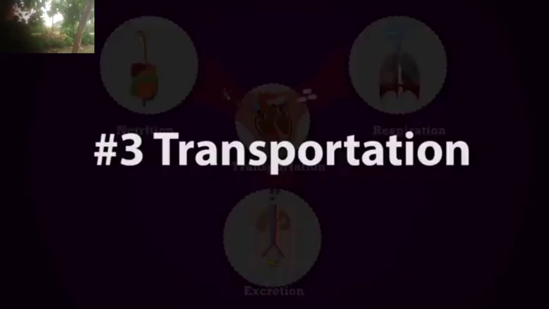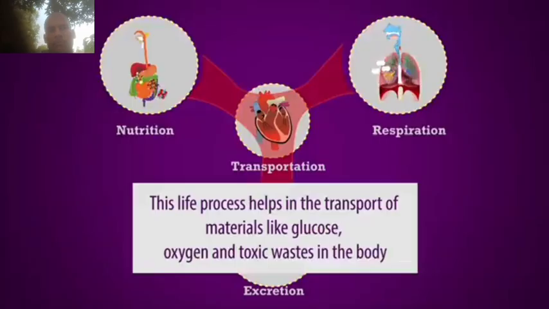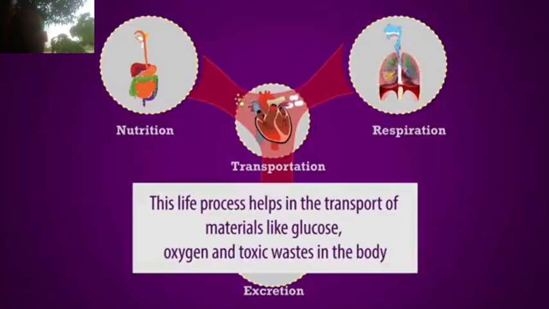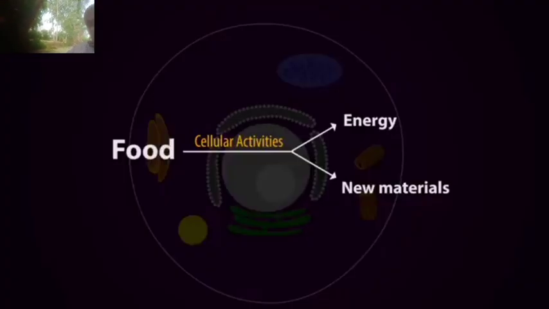Third life process is transportation. This process helps in the transport of useful materials like glucose, oxygen, and toxic materials like carbon dioxide, urea, etc. Cells get oxygen and nutrients by these 3 life processes. Cells use these materials for production of energy and to make new complex molecules.